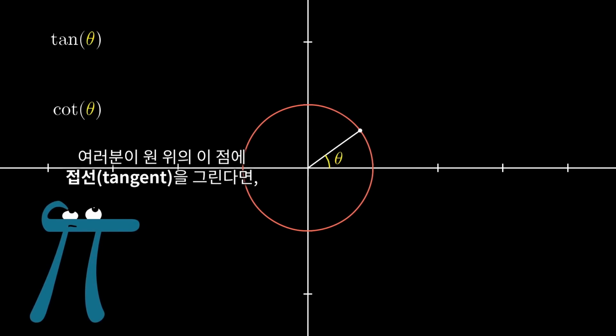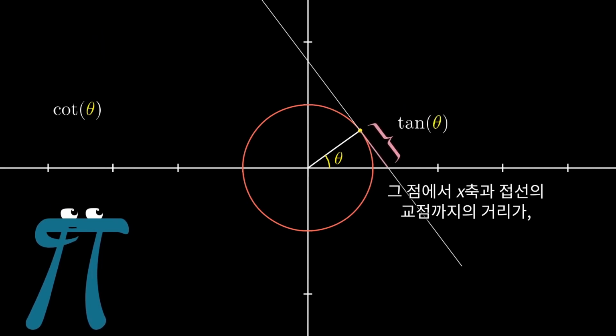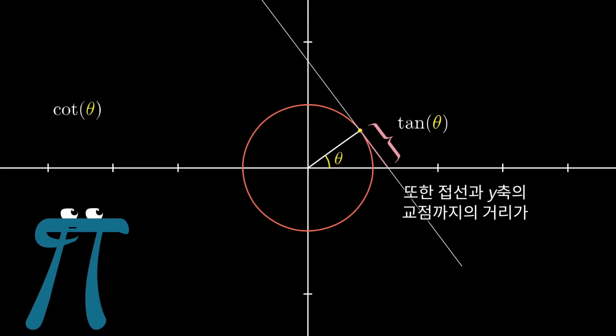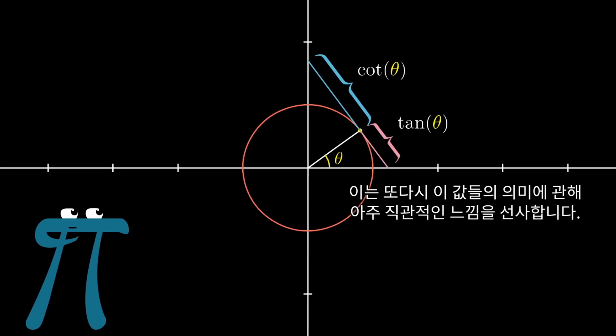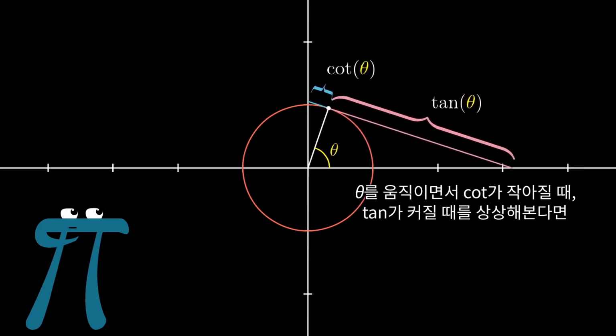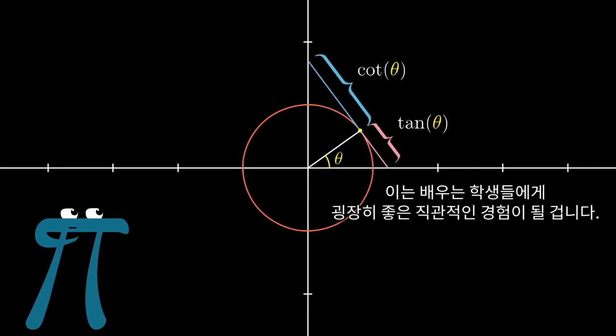If you draw a line tangent to the circle at this point, the distance from that point to the x-axis along that tangent is, well, the tangent of the angle. And the distance along that line to the point where it hits the y-axis, well, that's the cotangent of the angle. Again, this gives a really intuitive feel for what those quantities mean. You kind of imagine tweaking that theta and seeing when cotangent gets smaller, when tangent gets larger, and it's a good gut check for any students working with them.